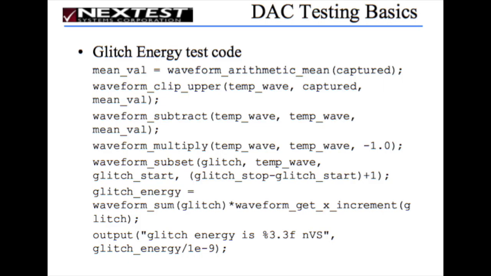Okay, here's our glitch energy test code. We set something, it's a double, called mean value. Mean value equals waveform arithmetic mean captured. So we're taking the mean of the captured signal. Waveform clip upper, temp wave, captured, mean val.